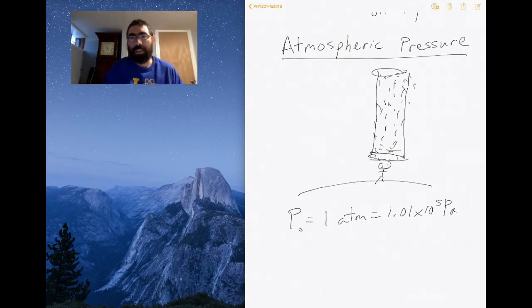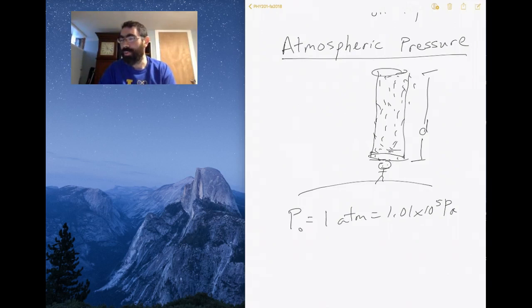Now, there's one correction that you have to make with the atmospheric pressure, and that is that there is a large distance, this depth d, from outer space down to the top of my head. It's sizable, a couple miles, or several, whatever, tens of kilometers or more. And so you have to take that into account.